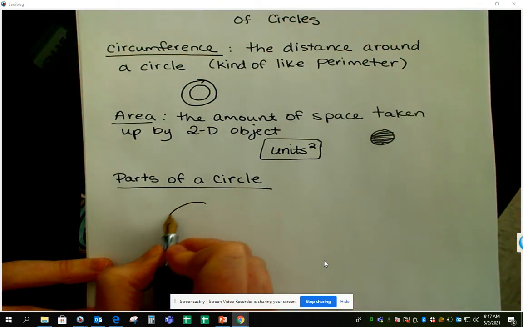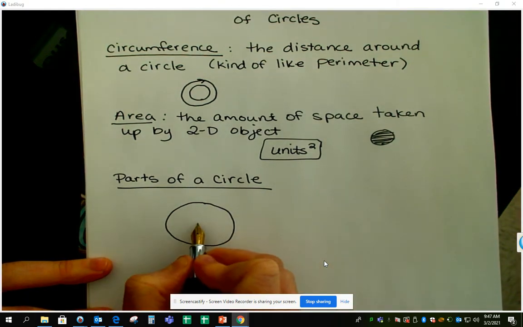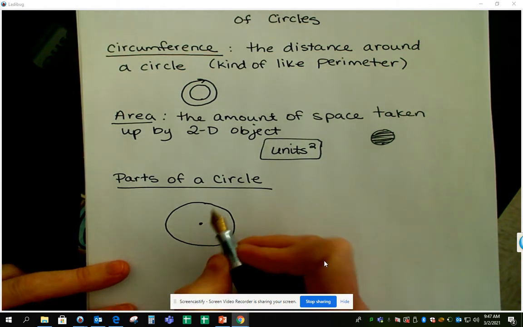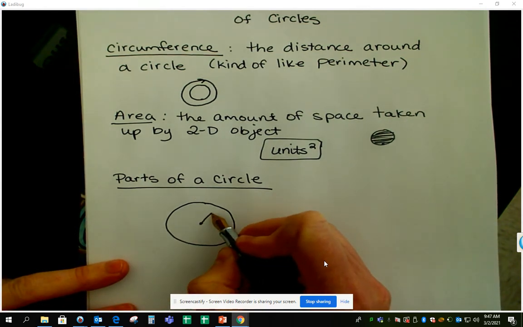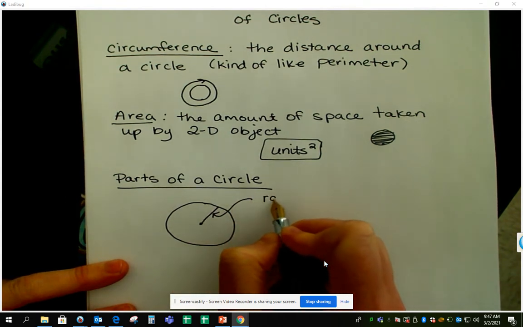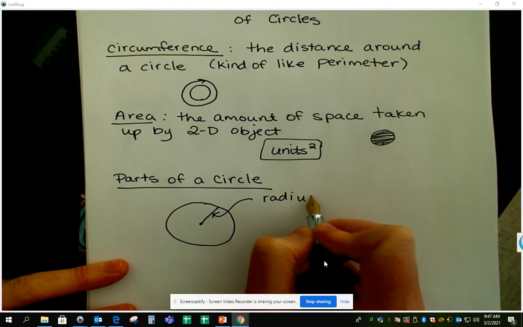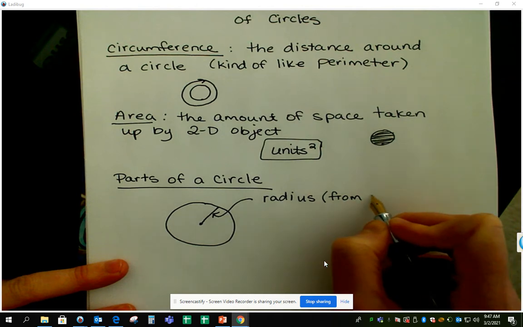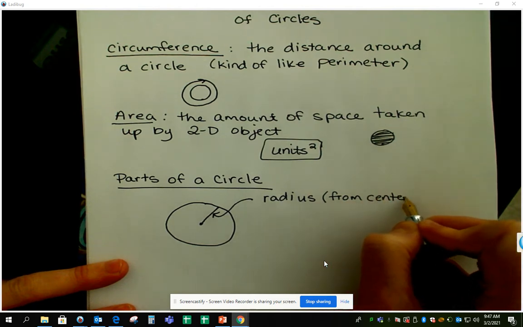So we have our circle here. Here is our center, very center of the circle. If I go from the center to the edge, that distance is called the radius. Make yourself a note, from center to edge.